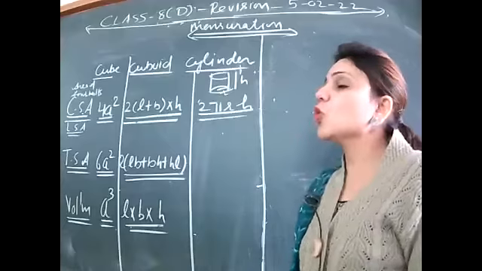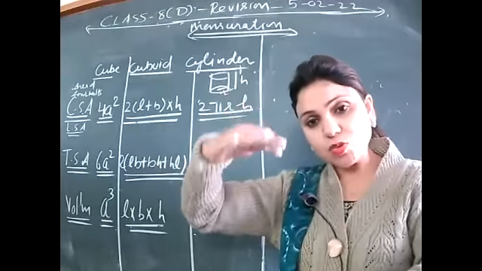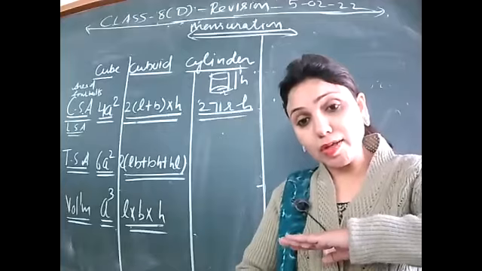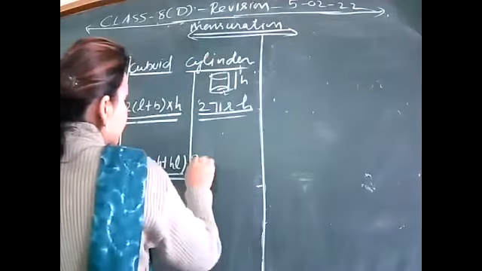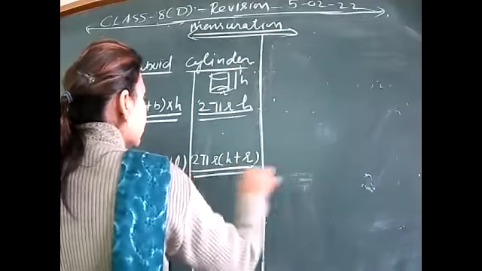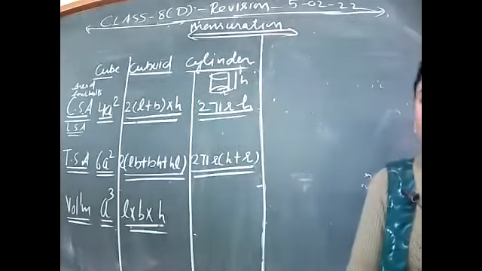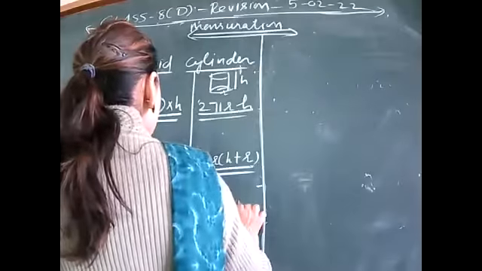When we are talking about total surface area, the curved part as well as the upper circle, which is pi r square, and the lower circle, which is again pi r square area, they all will be added and you will get the total surface area as 2 pi r into H plus R. Coming to the volume of cylinder, this is pi r square H.